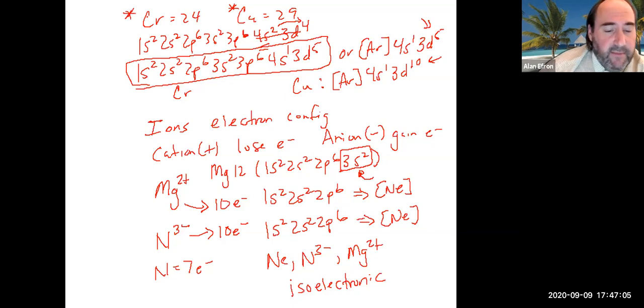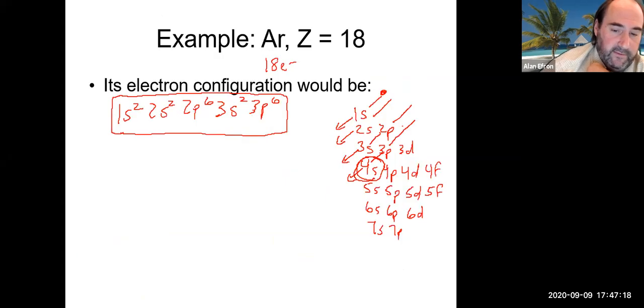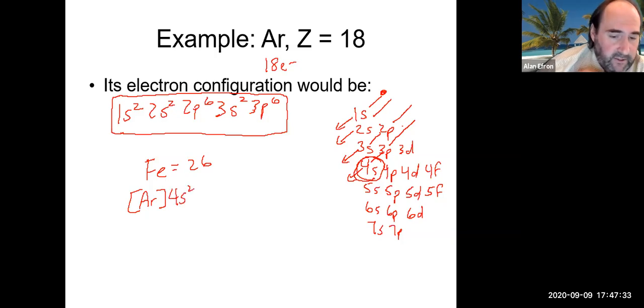Now, transition metals work a little bit differently, and we're not going to get into too much in terms of transition metals. For example, if we look at a transition metal like iron, iron has 26 electrons, which means the electron configuration would be argon 4s2 and 3d6.